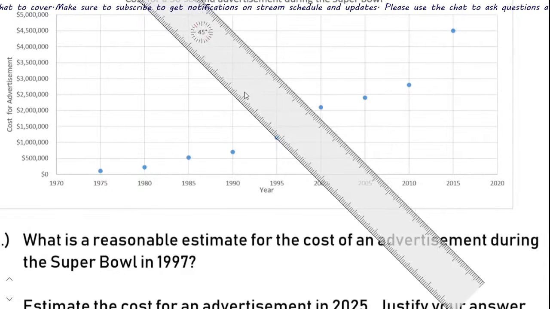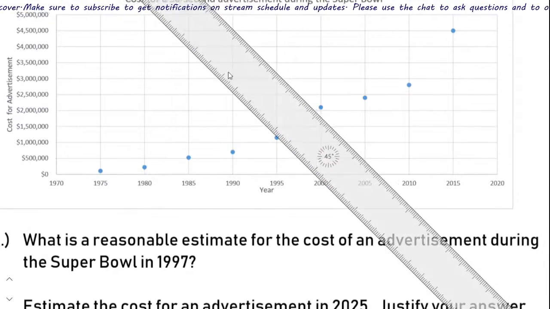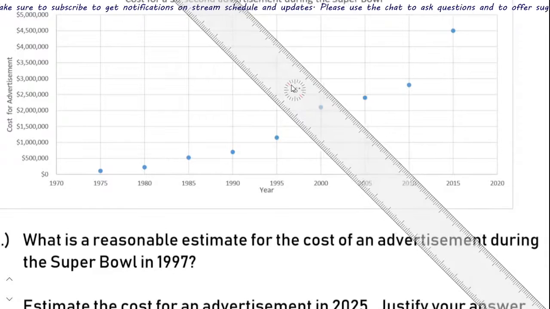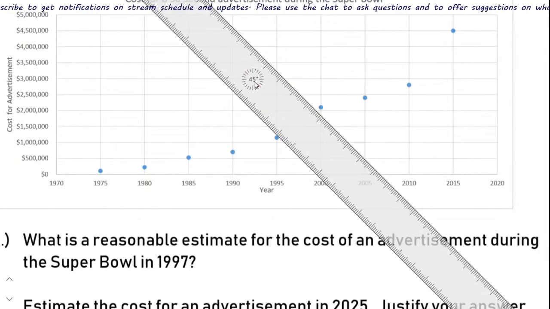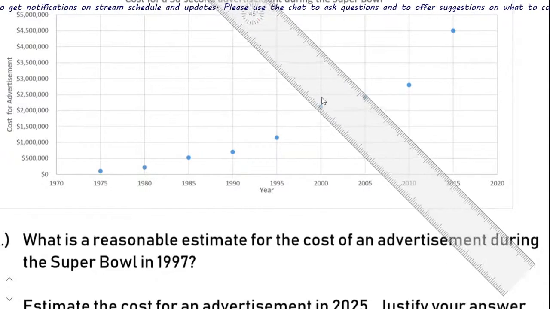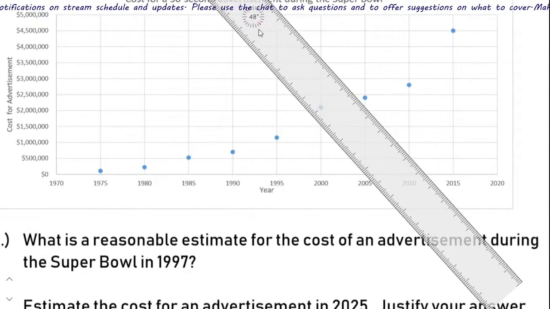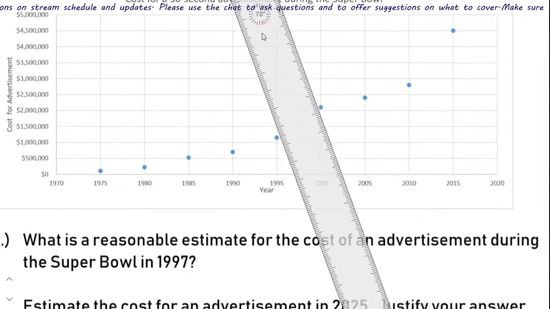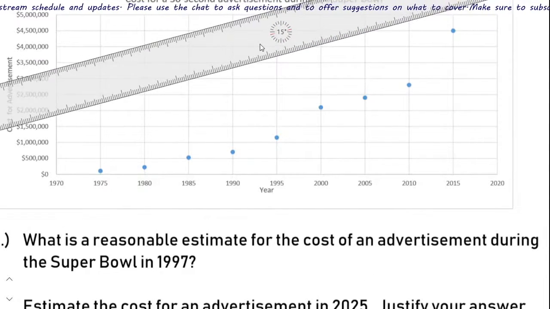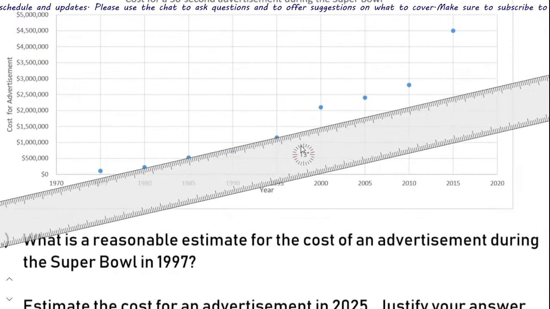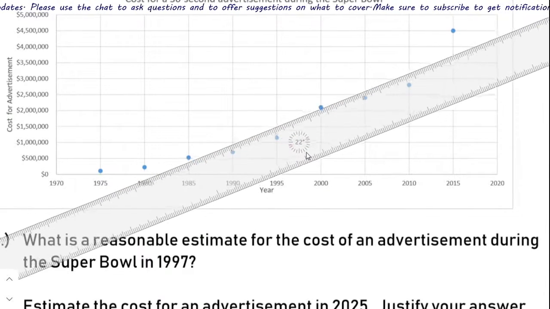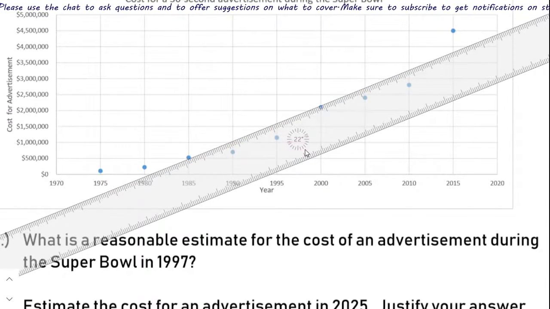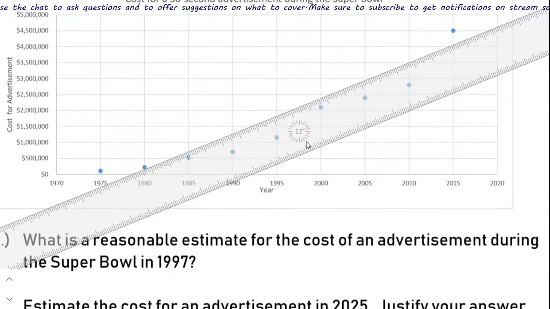So I'm going to use my ruler tool and rotate this. We're trying to get as many points above as we are below. We have a couple of outliers, but let's see.